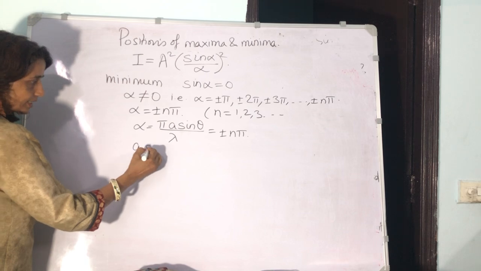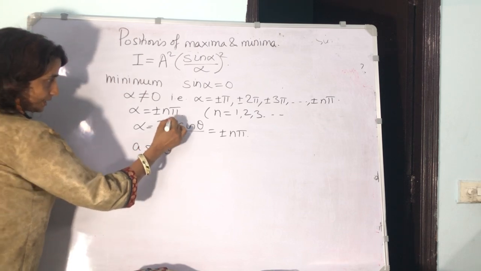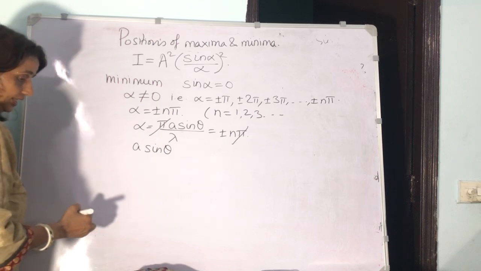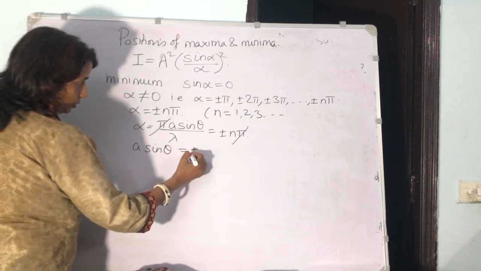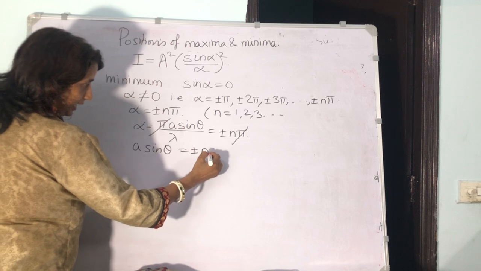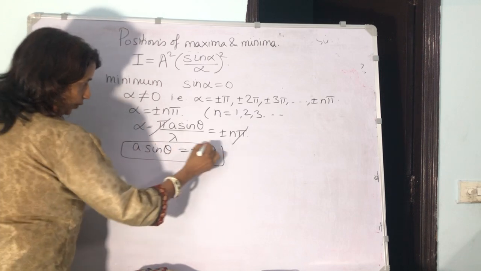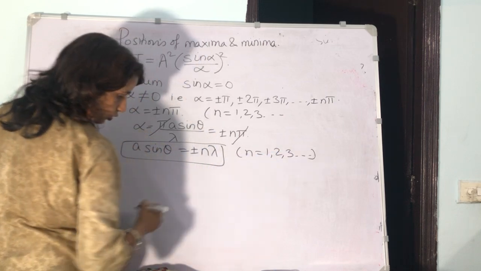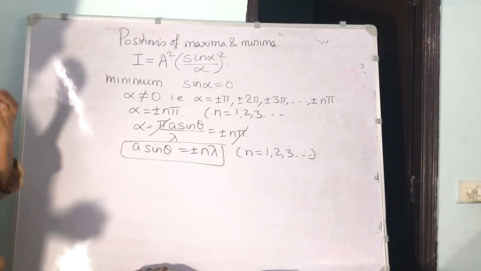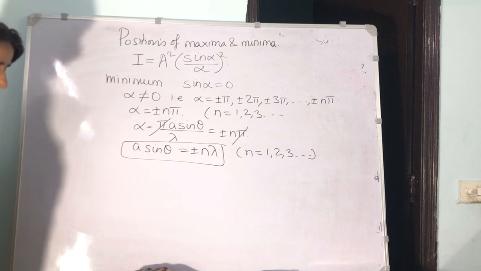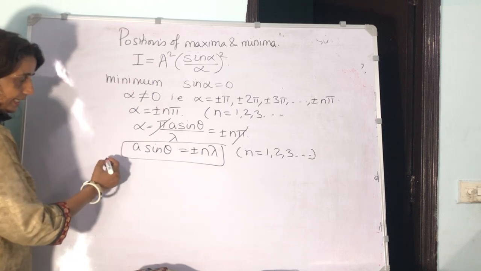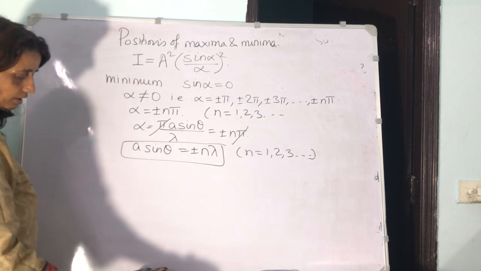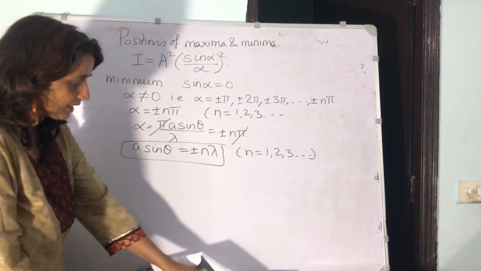This pi and this pi get cancelled and you are left with a sine theta equal to plus minus n lambda, where n is 1, 2, 3 and so on. So this is giving us the direction of first, second and third minima and all, the direction of the minima.